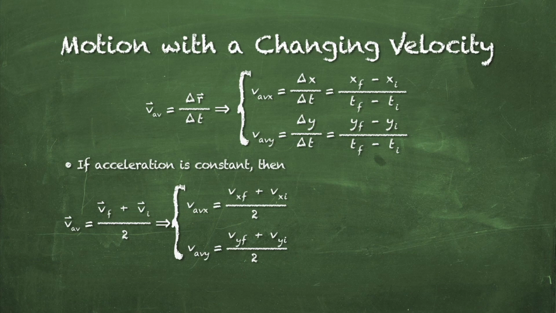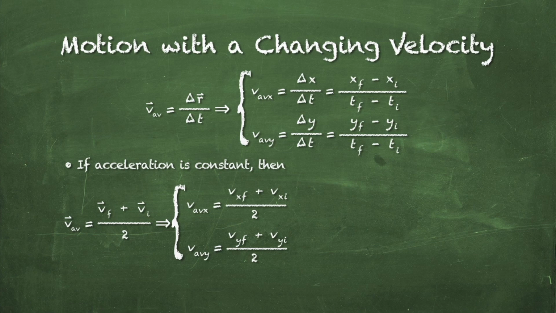Be careful of that plus sign. It's a common mistake to put a negative sign in there. We're not taking the difference of initial and final velocity in this equation. We're averaging them, which means that we have to add them together and divide by 2. So, once again, if acceleration is constant, then the average velocity vector is just the average of the final and the initial, or v final vector plus v initial vector divided by 2, which is two component equations.